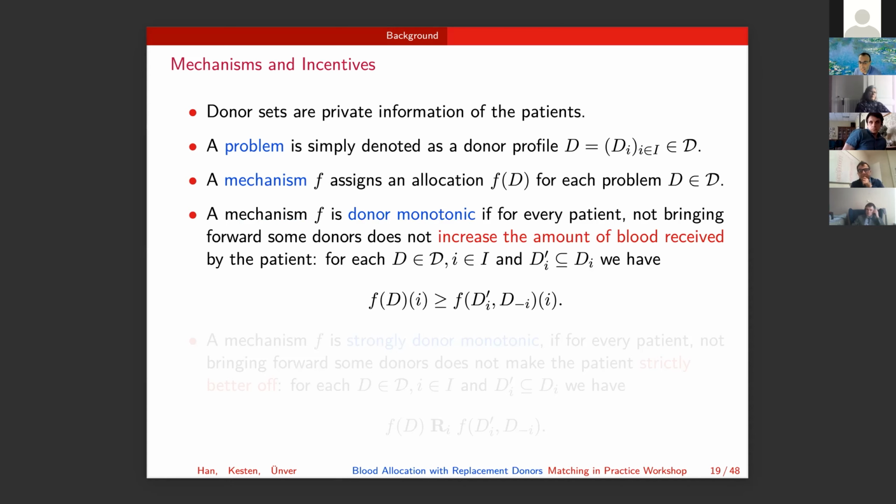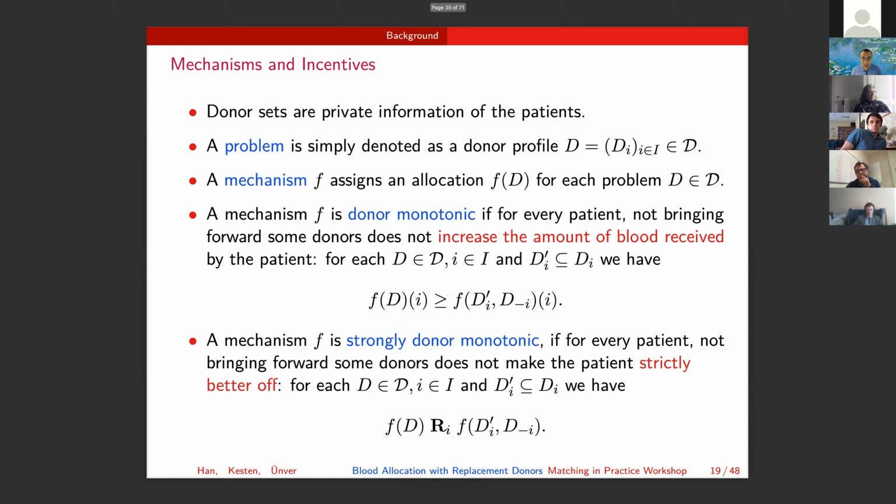So what does this mean? Let's say di prime is a subset of di. Okay. And di is something the patient can bring forward, a feasible set. So the units that the patient receives, denoted by fd of I, is greater than or equal to the units she will receive when she brings forward di prime, when other patients are bringing d minus I, the same as before. Okay. Of course, this does not take fully into account the preferences, these lexicographic preferences I mentioned.